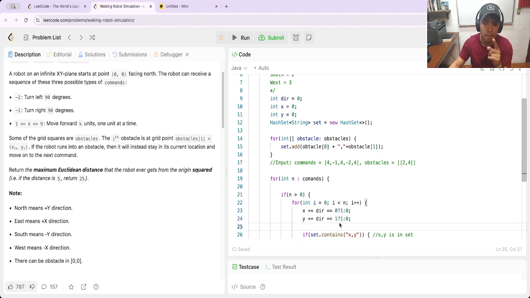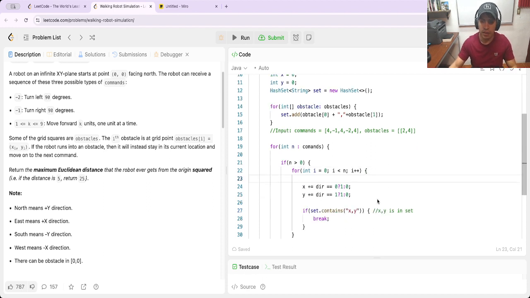Okay, this works, but it doesn't work when it's a negative number, because in the case that is negative, we should reduce this, change this operator to minus.